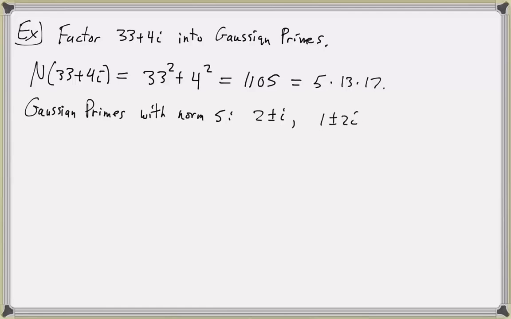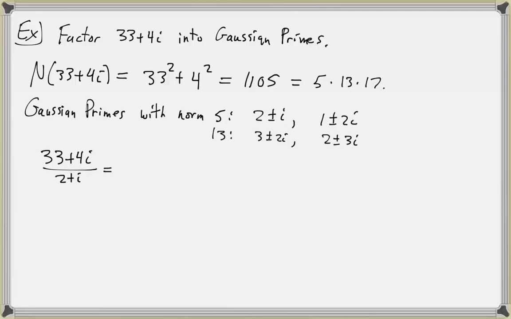And then Gaussian primes with norm 13 are 3 plus or minus 2i and their associates, so 2 plus or minus 3i. So we can divide 33 plus 4i by one of these factors. So let's divide 33 plus 4i by 2 plus i.